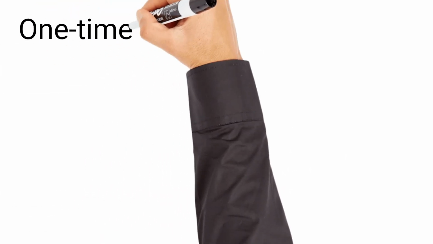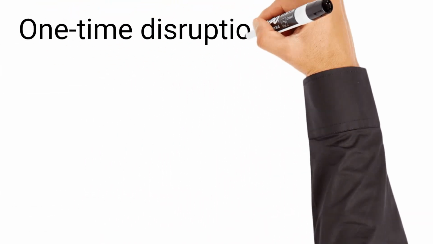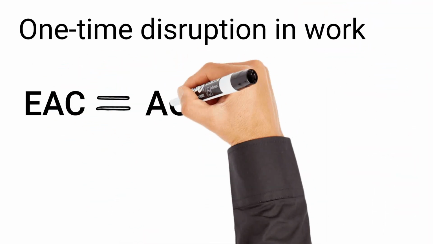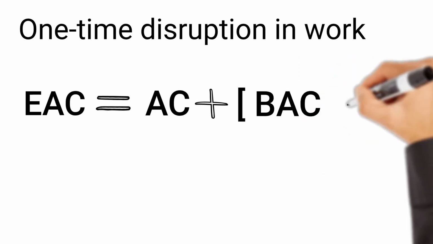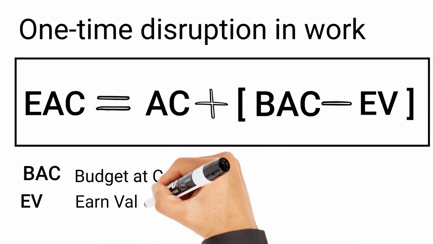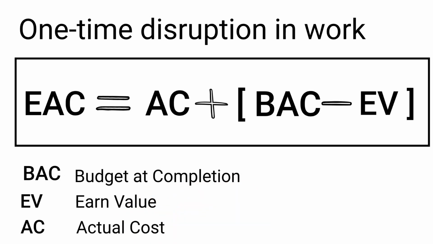When there were some performance issues or a one-time disruption in the project work, but the remainder of the original budget estimates are expected to remain accurate, then use the following formula. Here EAC is AC plus the difference between BAC and EV, where EAC is estimate at completion, AC is actual cost, BAC is budget at completion, and EV is earned value.